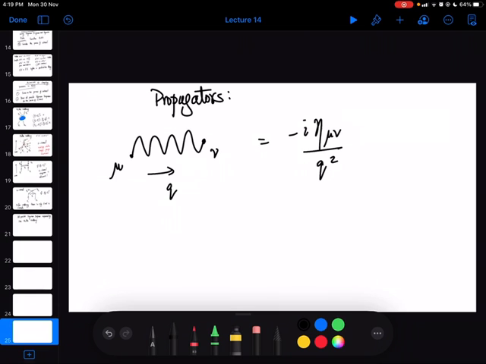This can be written by multiplying p slash plus m on top and bottom, so it is represented by this.